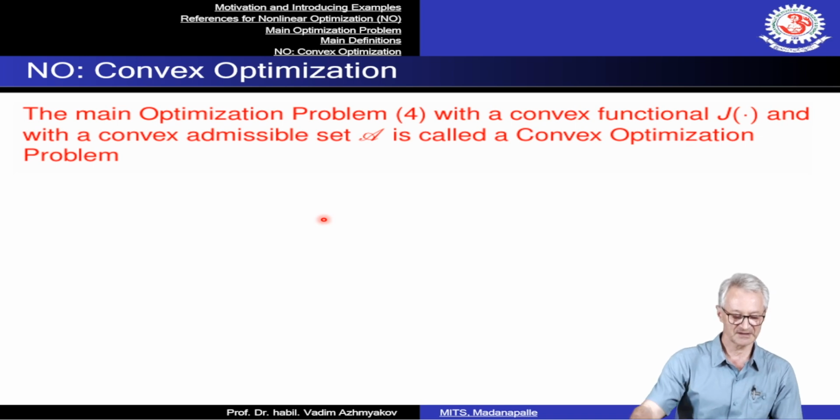And we define convex optimization problem 4 as a problem in which we have a convex functional J, but also a convex admissible set A, calligraphic A. If both elements, objective functional and admissible set, are convex, then we have a convex version of problem 4.